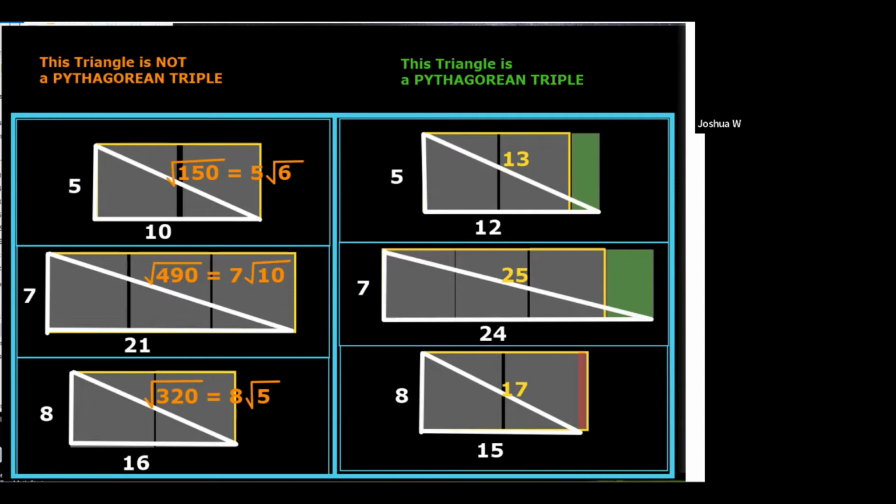And lastly, the 2 squares on the bottom, 8, 16, well, if we shortened the base by 1 unit instead of 16, if it was 1 less and was 15, then we would have the 8, 15, 17 triangle.